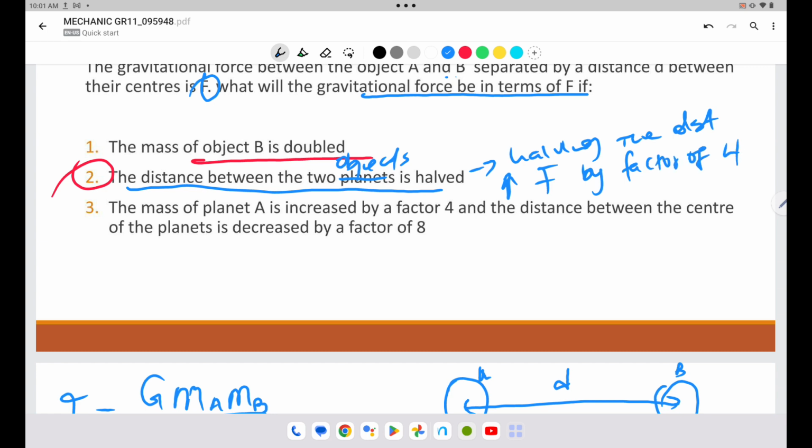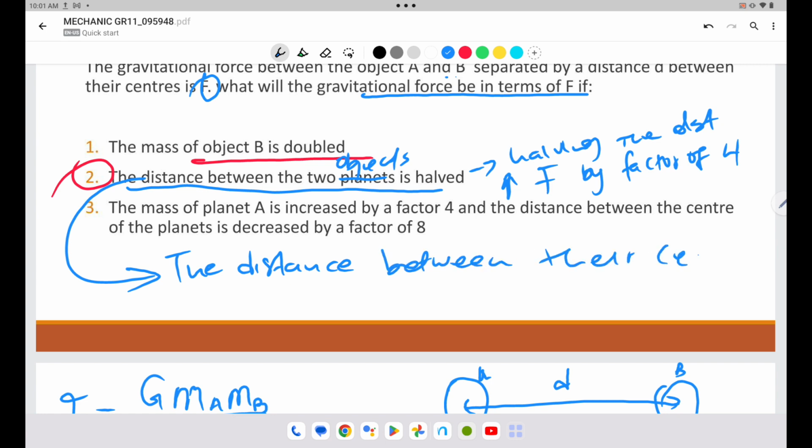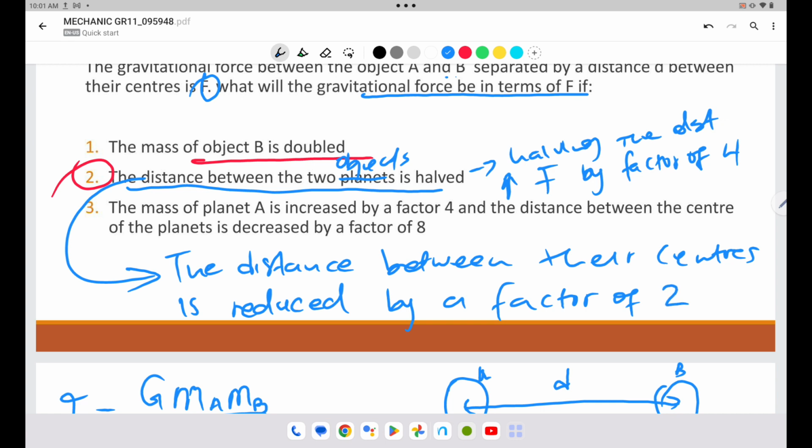And I think with this problem, it's always the phrasing. Instead of saying the distance is halved, they could have said the distance between their centers is reduced by a factor of 2.